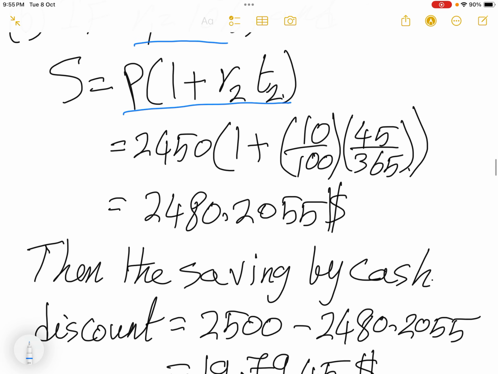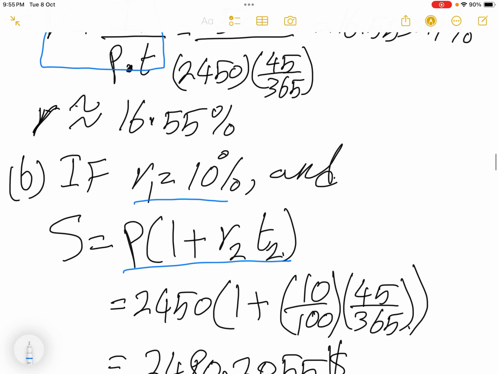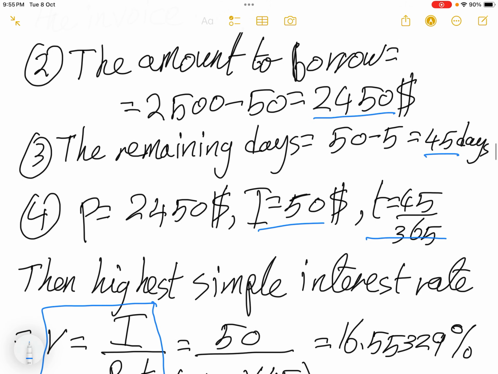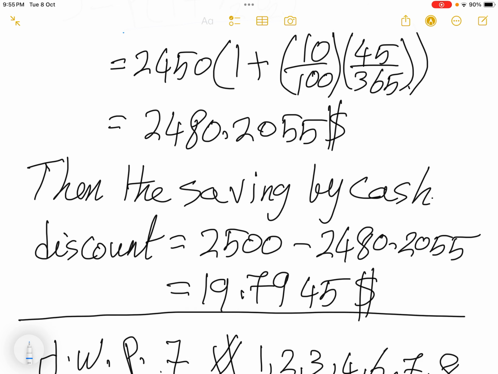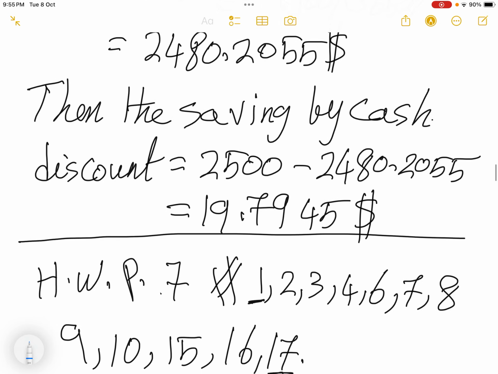Then you will have 2,480.2055. Then the saving by cash discount will be 2,500 minus 2,480.2055, which is $19.7545.